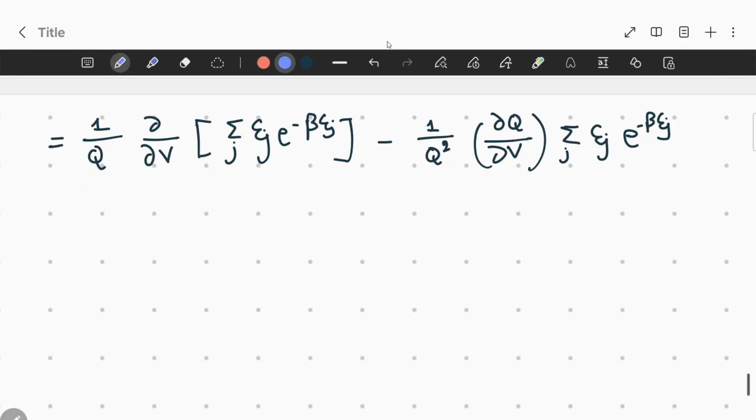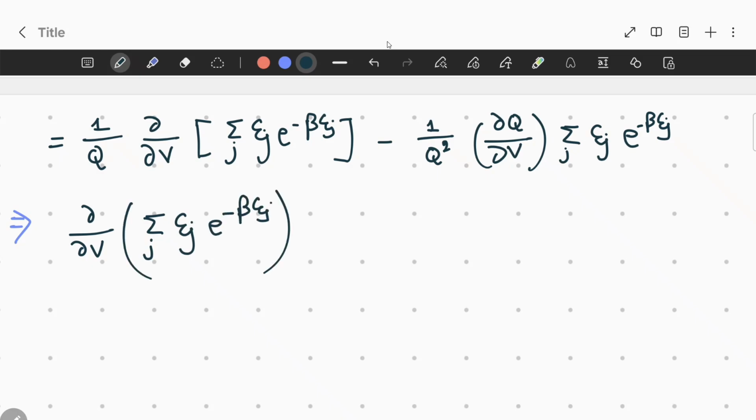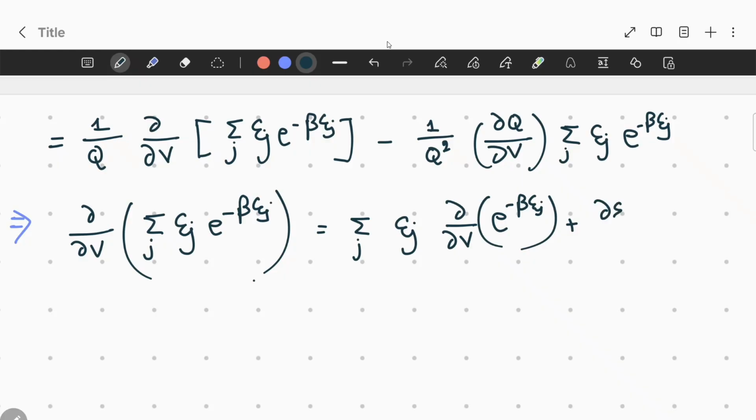So first part, first this one. If you remember, EJ was a function of N and V. That's why we are differentiating with respect to V. So first you can take out the summation, you know. So it is EJ and then.